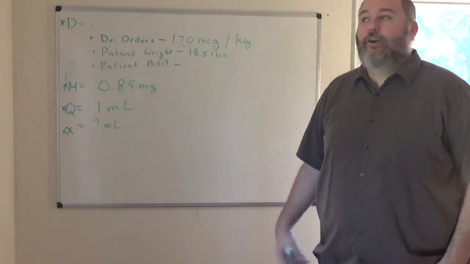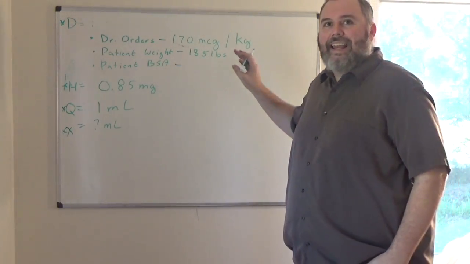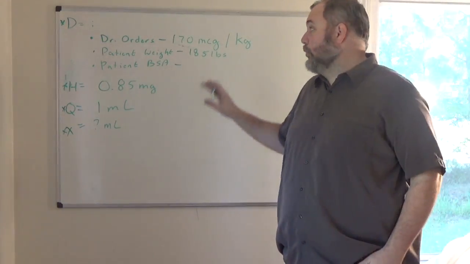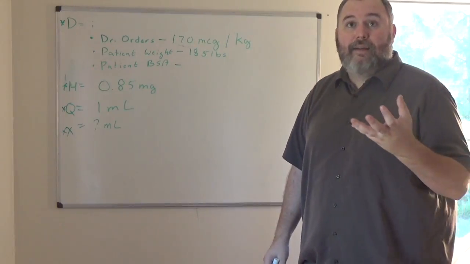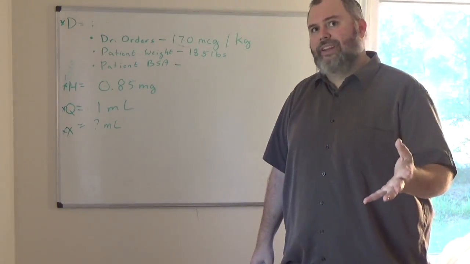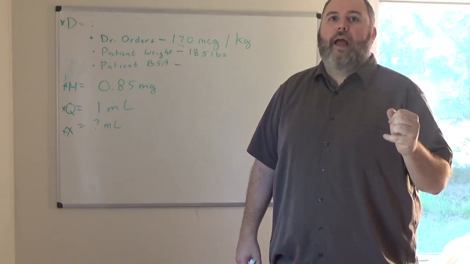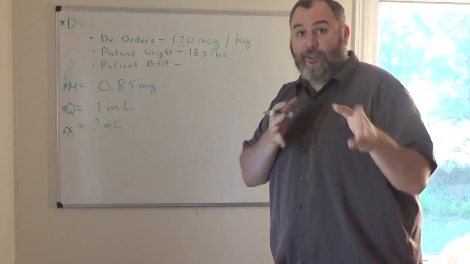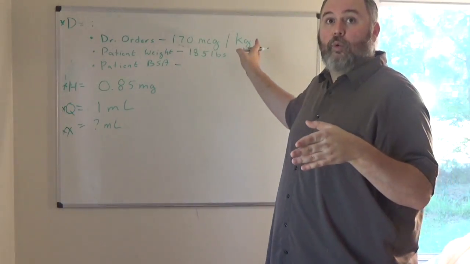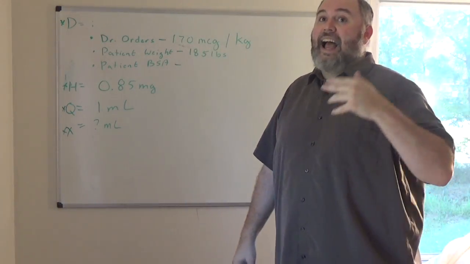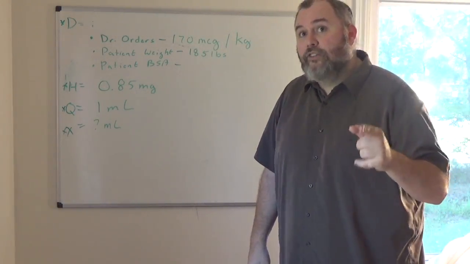We already know that I have a doctor's order and I have the patient's weight. So we're going to have to multiply these two numbers. Your instinct might be saying 170 times 185. And you're somewhat on the right track because you know you're supposed to take the order, because this is per weight, and multiply the patient's weight. However, here's the problem.